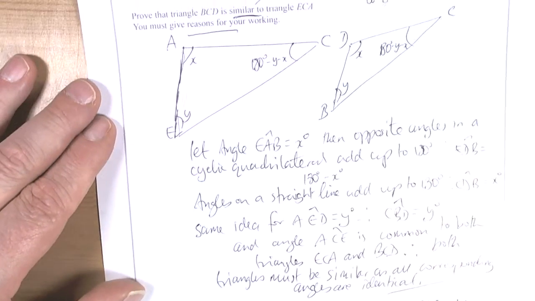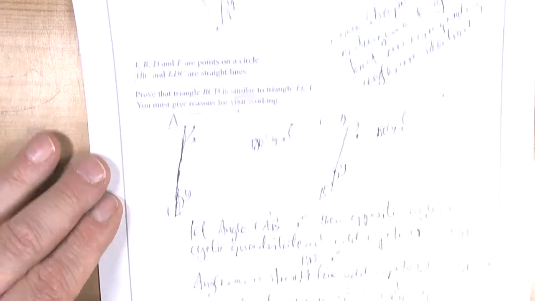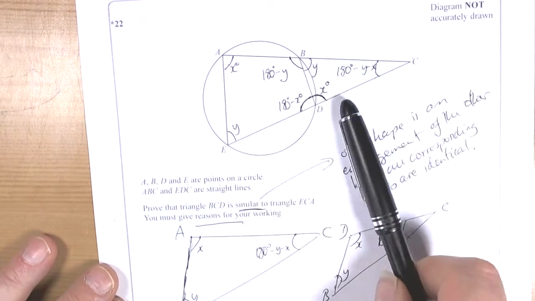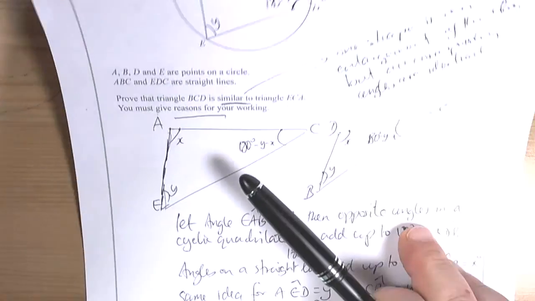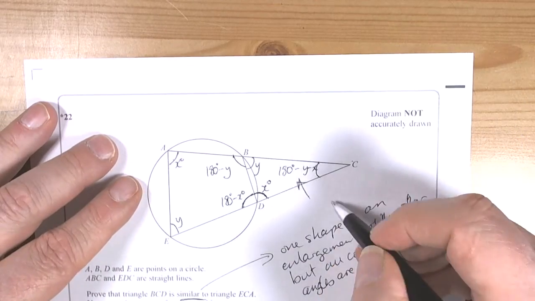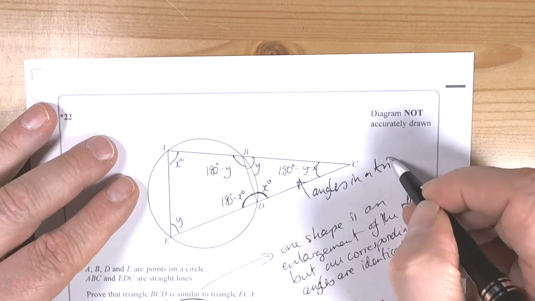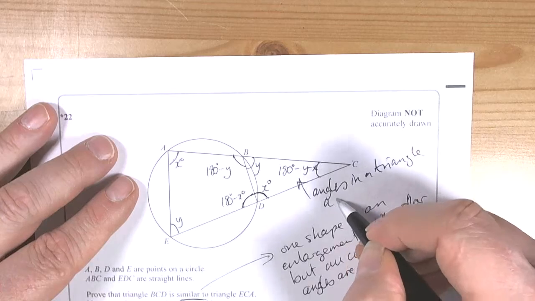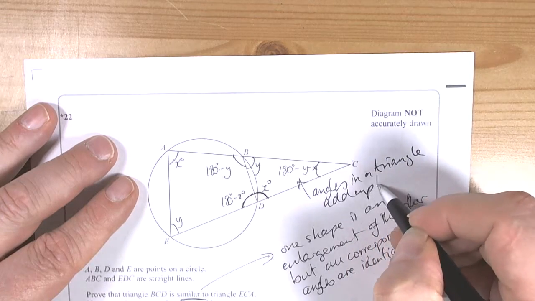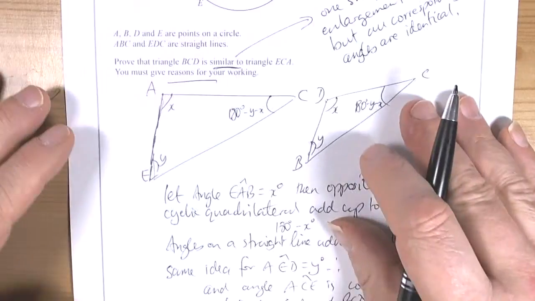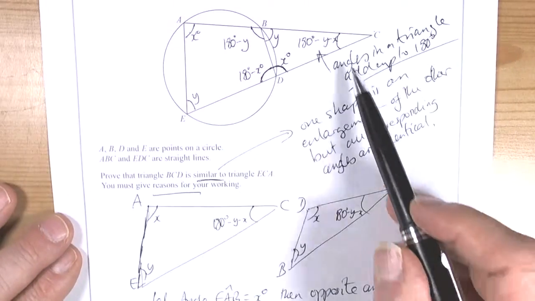So anything on those lines, basically by adding on the information to the picture, showing clearly what you're doing, giving some reasons for why the angles are the same. We should really give a reason here. Angles in a triangle add up to 180 degrees. So again, we're giving reasons throughout for why we're choosing each of the bits.